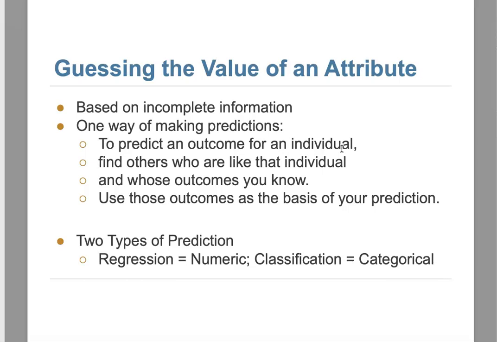However, we use the data, finding others that are similar to our individual. Of course, we have those data sets. We have the attributes about those individuals, and we also know the outcome they have. So we're using that incomplete information, using those outcomes as the basis for our prediction.